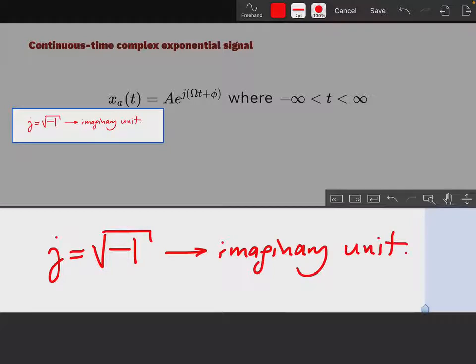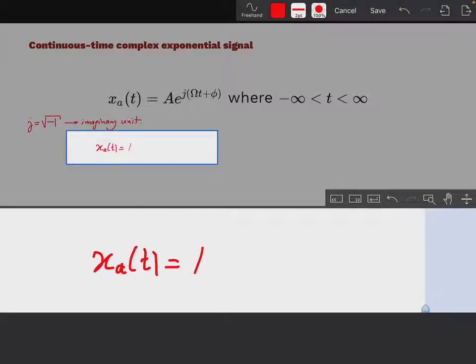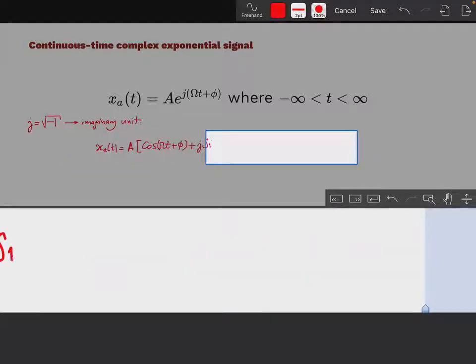Okay, that's good. Now, this is a special signal which has this form: x a of t equals A, which is again our amplitude, times cosine(Ω t + φ) plus j sine(Ω t + φ).